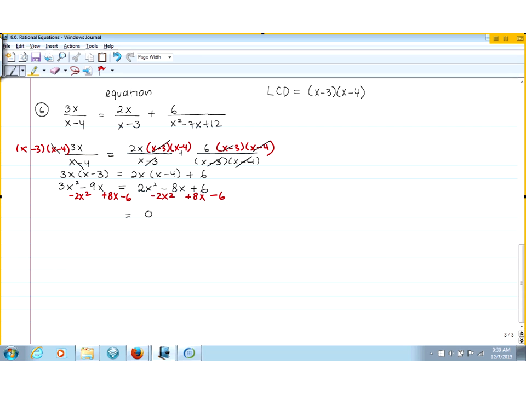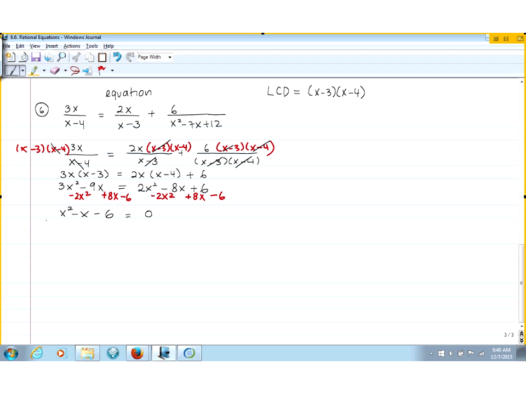So what is my answer here? 3x squared minus 2x squared, that is x squared. Negative 9x plus 8x, negative x, minus 6 is equal to 0.